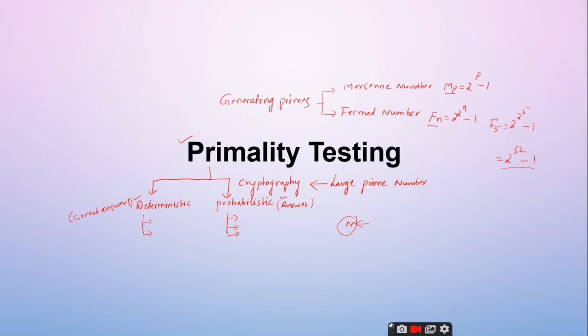So that is the main difference between the deterministic category and the probabilistic algorithm category. The deterministic algorithm gives the correct answers all the time, and the probabilistic algorithms give the probability of a correct answer, and there lies the probability of an incorrect answer also. Most of the time the answer will be correct, but there are chances that the answer may not be correct.